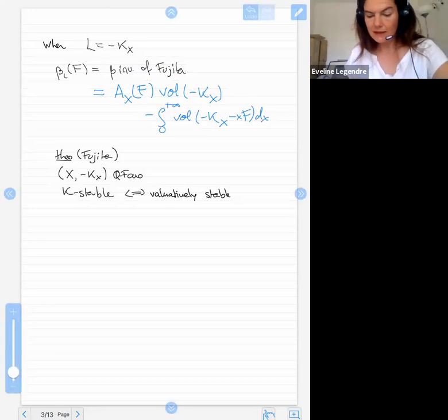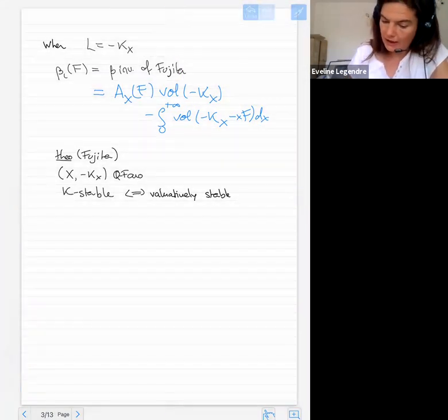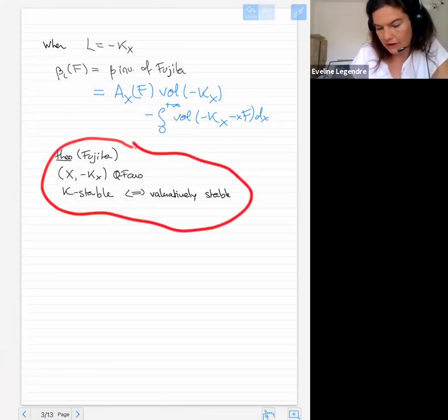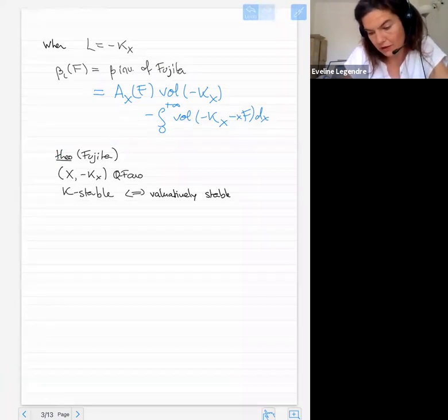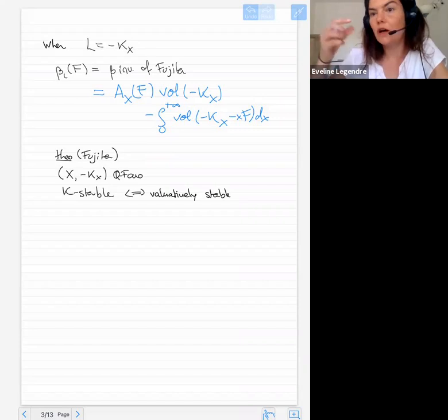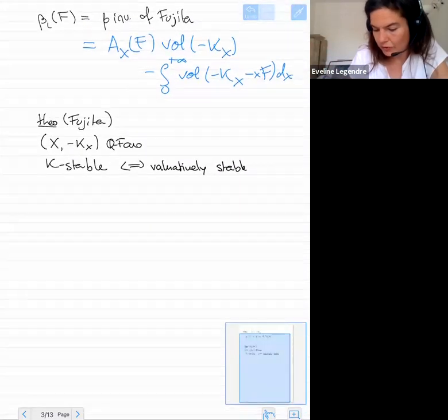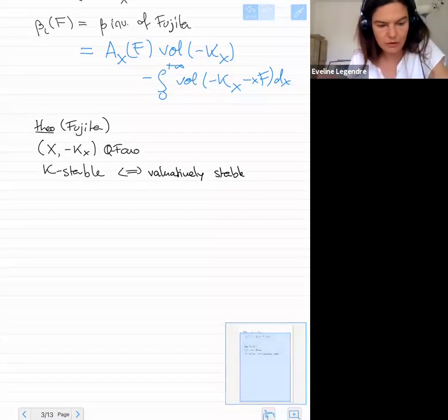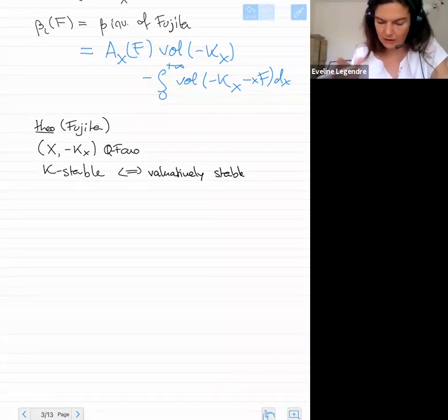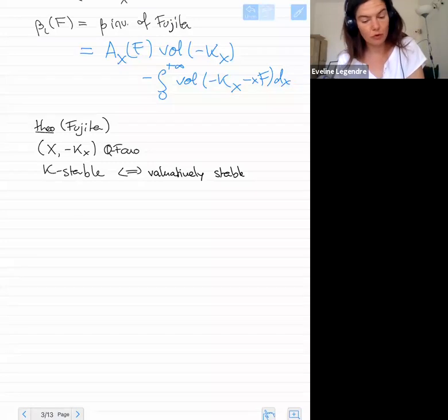And in this situation, he proves that a Q-Fano variety is K-stable if it is valuatively stable, with all the precise notions like semi-stable, uniformly stable, and so on. But loosely speaking, this is what he proved.